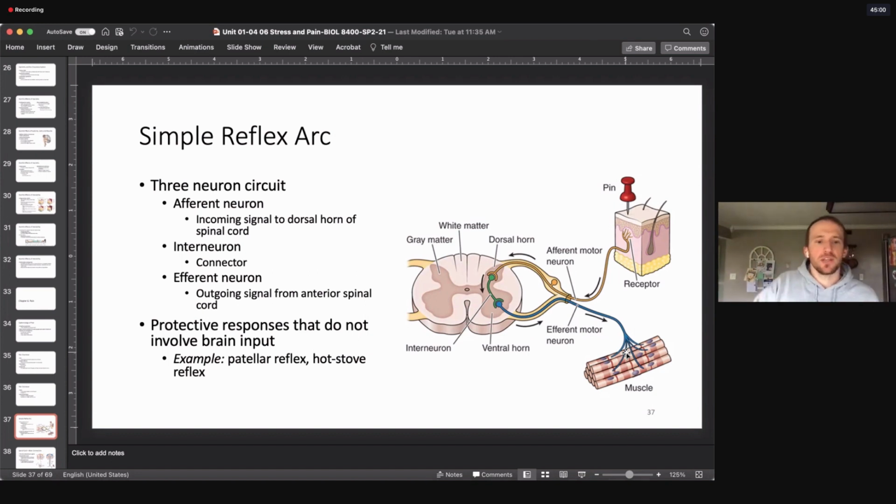And so ask yourself, well, why would it do that, right? If I put my hand on a hot stove, why would my body have an evolutionary mechanism to pull it away before the brain knew what was wrong? It's going to get to the brain fairly quickly, but why is it pulling it away? Well, it's because that signal is so strong, and we can now link strong signal meaning danger.